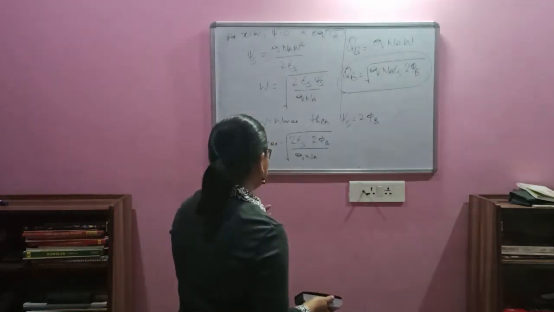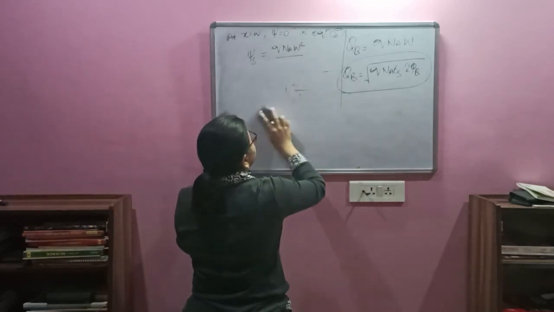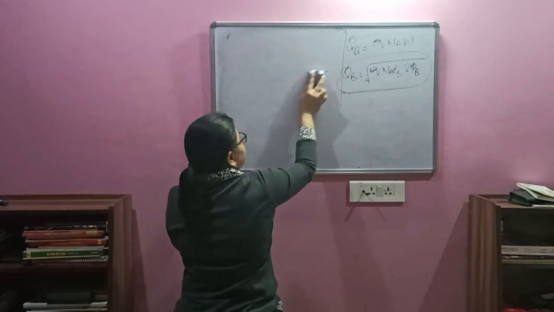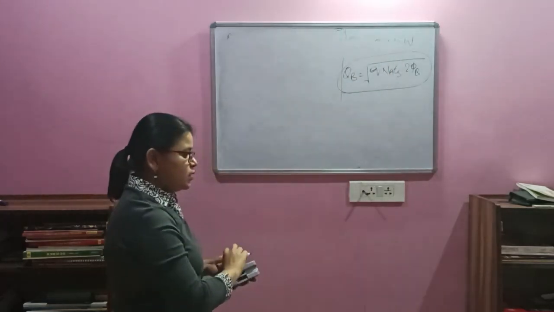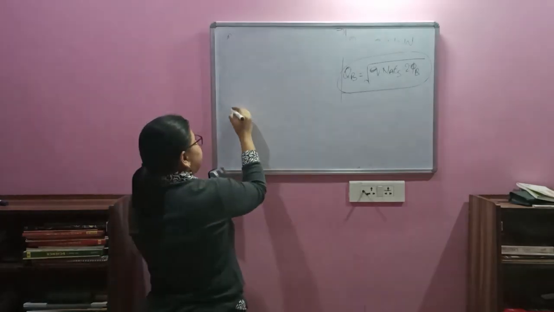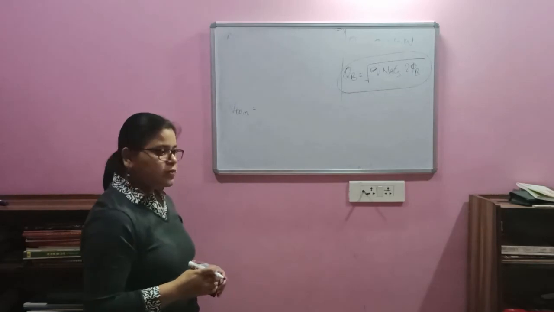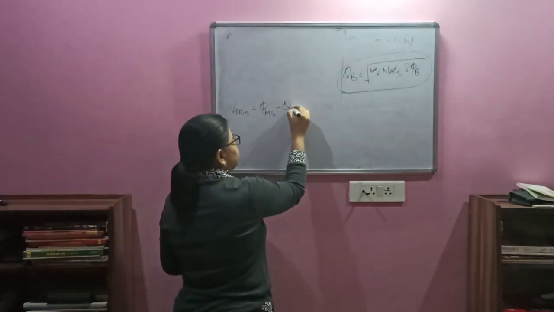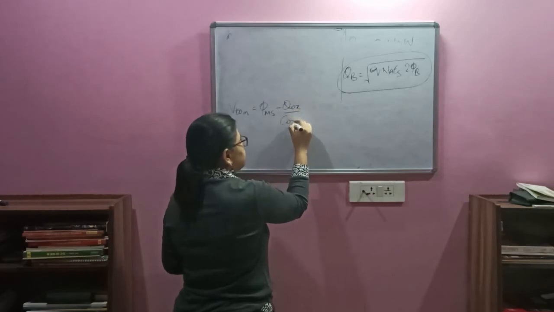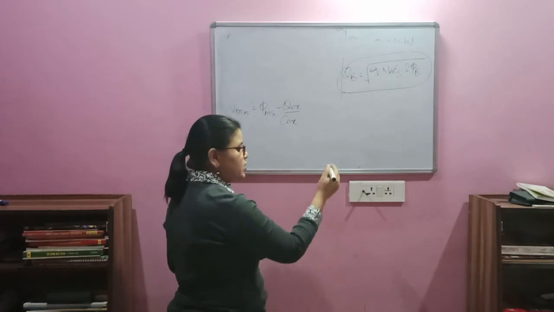Now if I have to rewrite the threshold voltage equation from here in a more detailed way, suppose I am writing for the NMOS, so I will use the suffix N, and this will be rewritten as phi ms minus Q oxide upon C oxide.